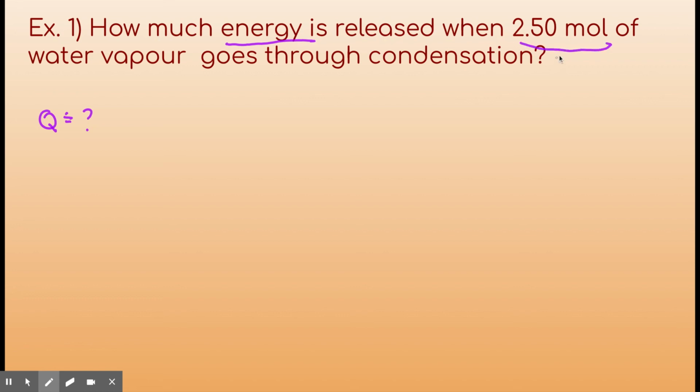So this is your n. I really suggest that even if you don't put them on the side, you label things as you go through the question. It does make your life a little easier. Notice I will always write the number as given to me in order for sig digs to make sure I'm carrying through properly. And then it says when water vapor goes through condensation. So that means I'm going to end up using Hvap.